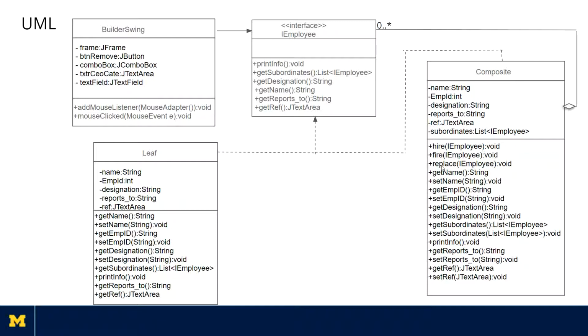So hire is for hiring new employees, fire is for firing employees, and replace means if one employee has been fired, you replace that employee. That's why I wrote an additional replace method. And so the last class here is a client class.